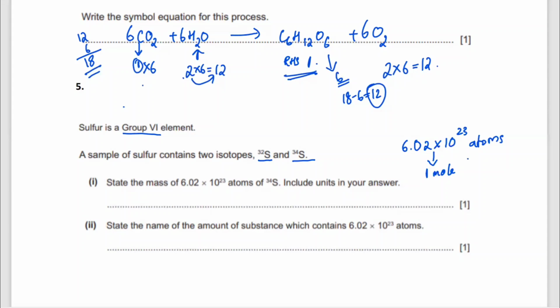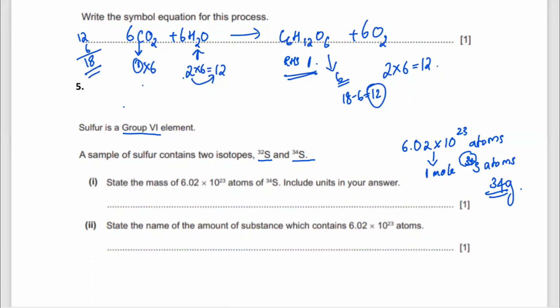So over here, we have 1 mole of S34 atoms. 1 mole of any substance will have a mass that is mentioned on the top along with the element, right? Over here, the mass of sulfur is 34 and this 34 is for 1 mole. So 1 mole of a substance will have 34 grams.